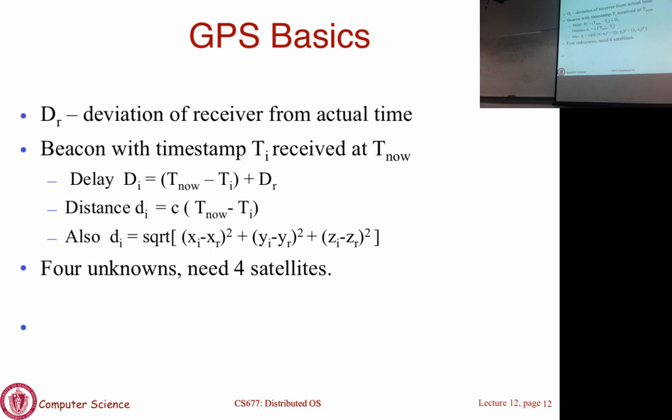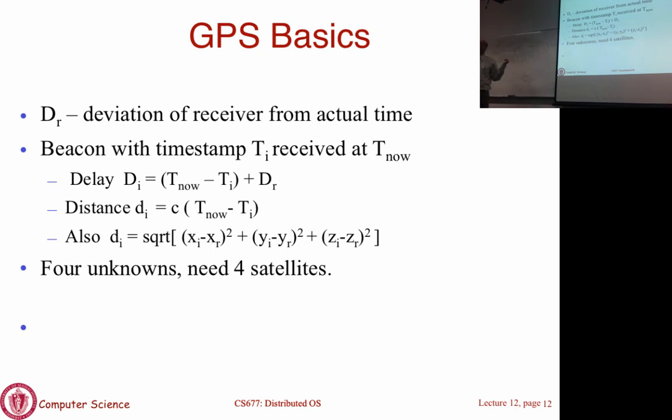Now you can repeat this with the next satellite. That gives you a second equation, which is the same except that these will be x2, y2, z2. Delta is the same. So again, a second nonlinear equation with the same four unknowns, and you keep repeating. Ideally, if these were linear equations, four equations and four unknowns would allow you to solve it accurately.